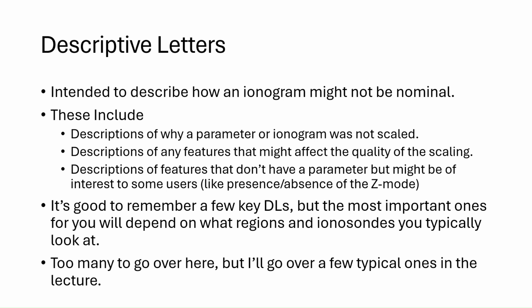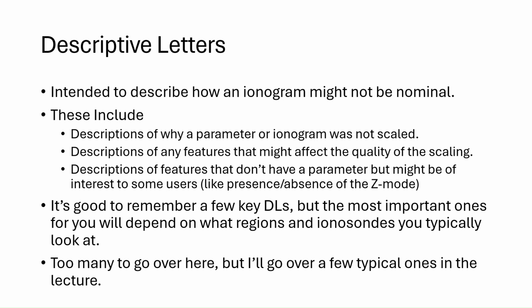So they can be useful as a classification system. They're also useful for telling people why you did or didn't scale something. I'll throw up the descriptive and qualifying letters as I go through things. I do encourage people to use them.